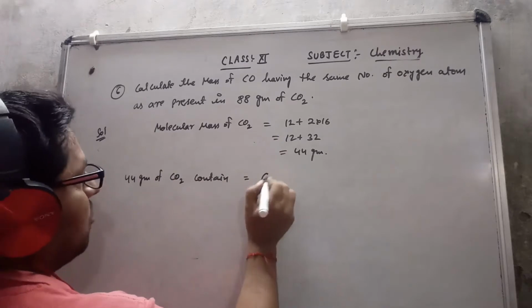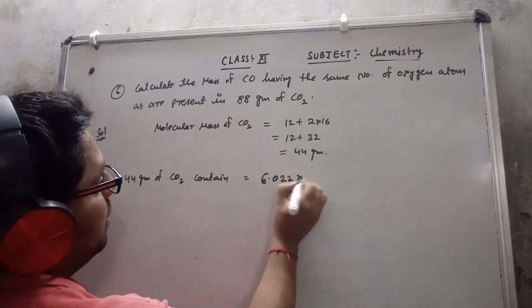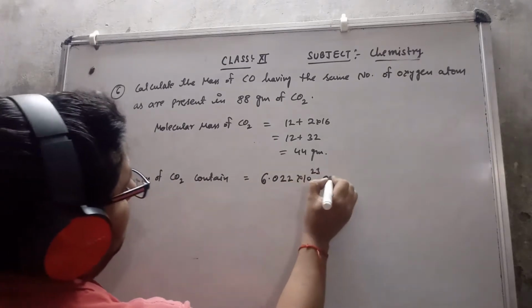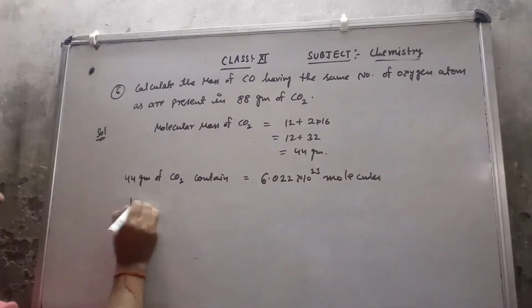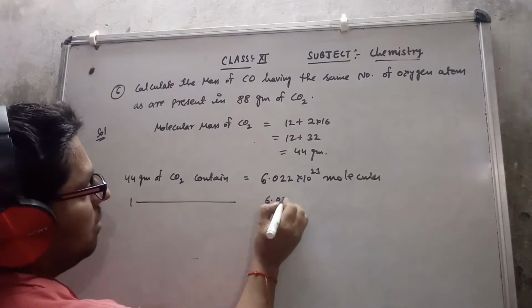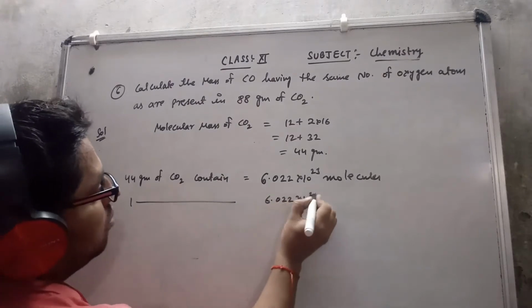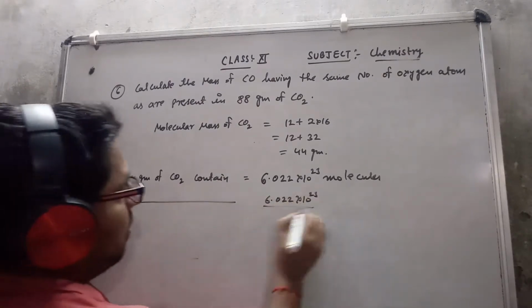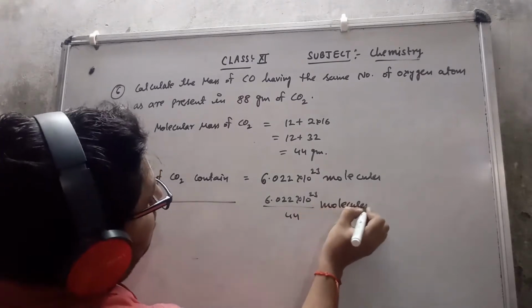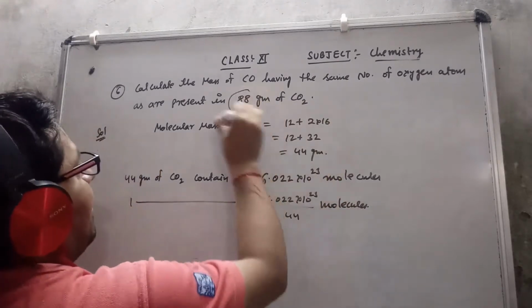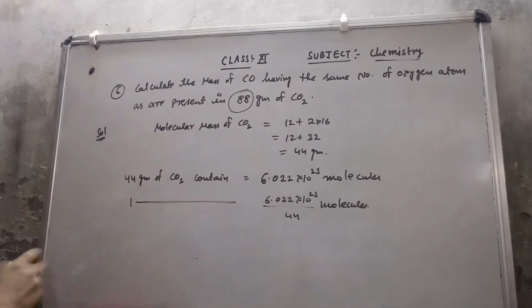That is equal to Avogadro number, 6.022 into 10 raised to the power 23 molecules. So 1 gram contains 6.022 into 10 raised to the power 23 upon 44 molecules. We need to find it in 88 gram of carbon dioxide.